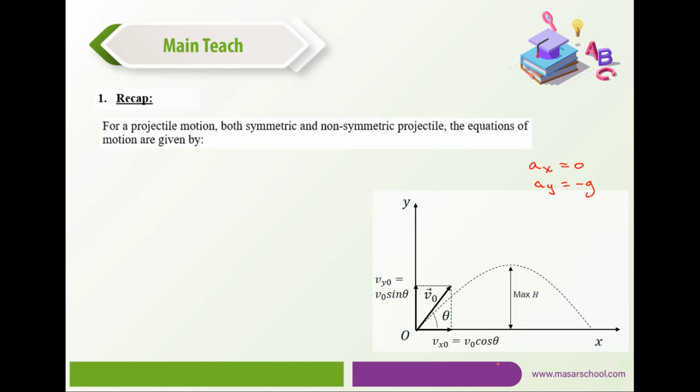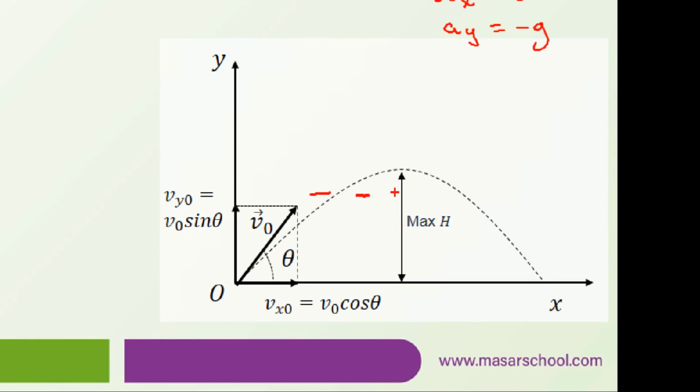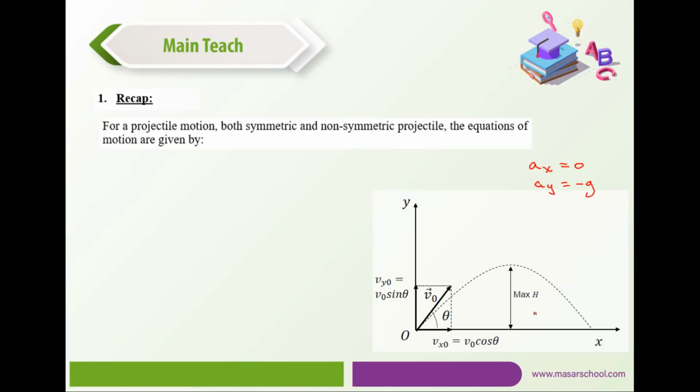During the upward motion, the velocity will decrease at a rate of 10 meters per second squared. During the downward motion, it will increase back at a rate of 10 meters per second squared. And remember that slices of the same height will carry the same speed, however opposite velocities along the y direction.